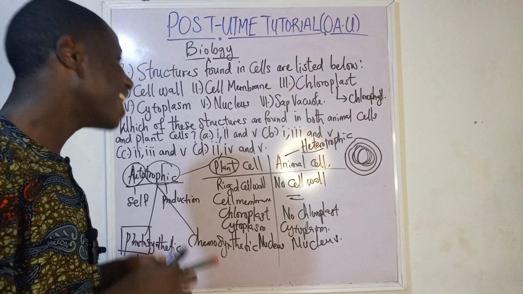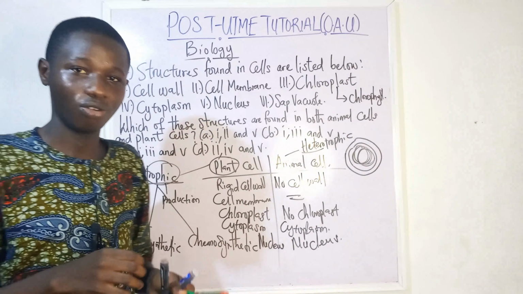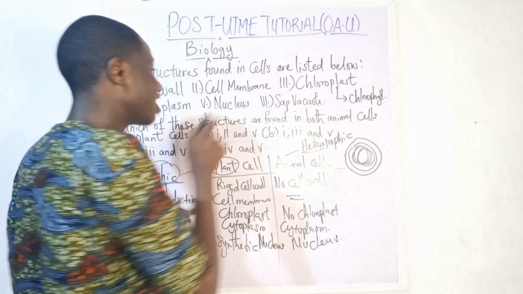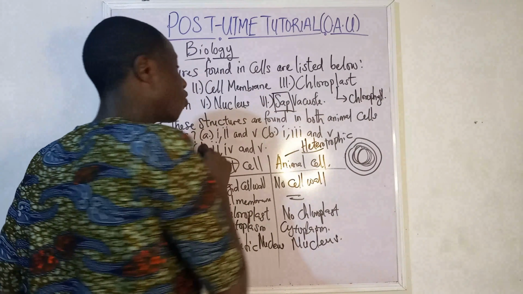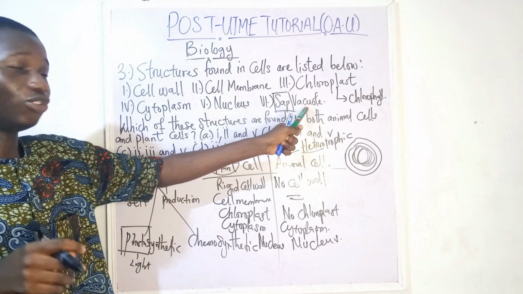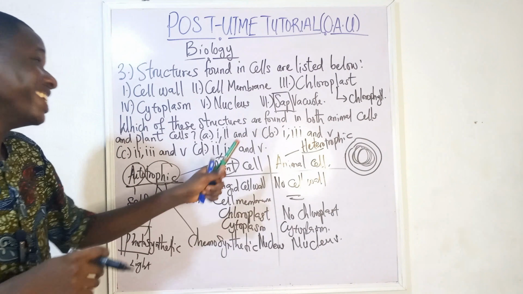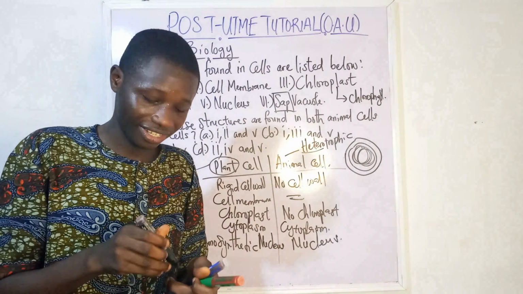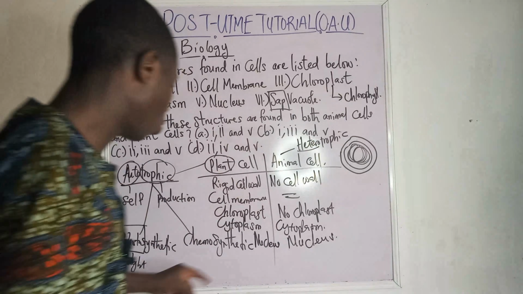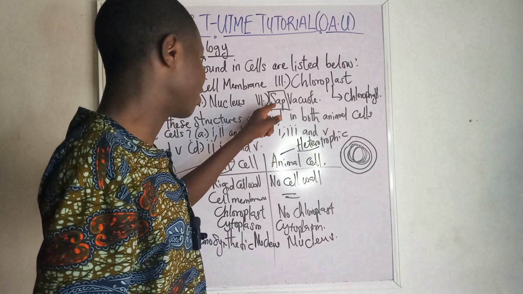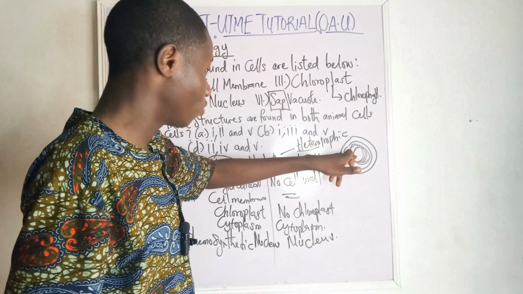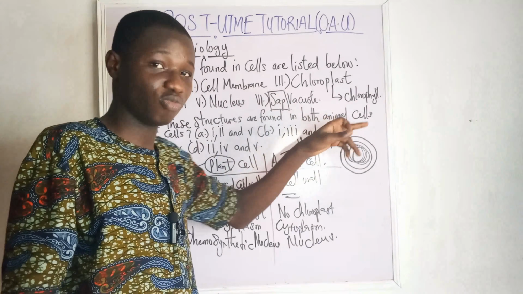What else again? Now, sap vacuole. Please, this question is very, very tricky. Sap vacuole is different from if they just give you only vacuole. If this question says vacuole, it would have been right. But because they say sap vacuole, the function of this vacuole is just for osmoregulation.